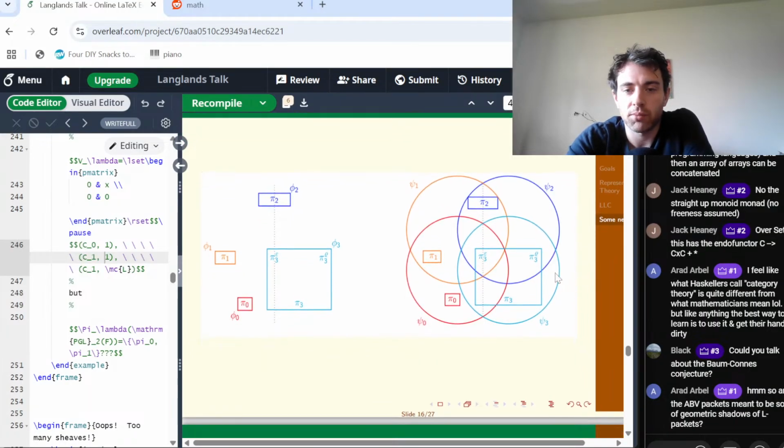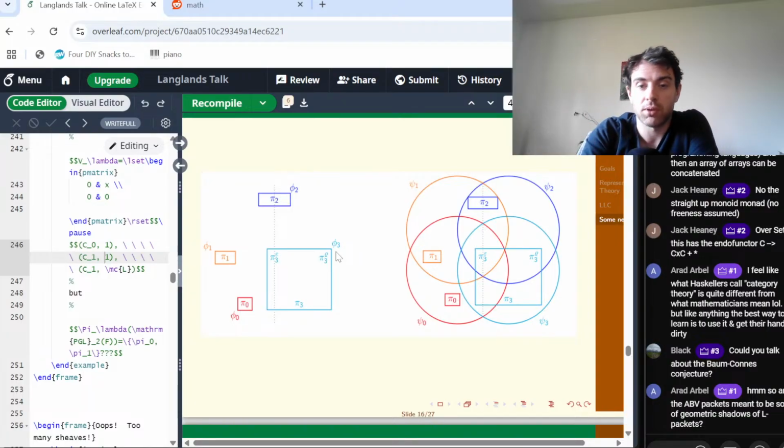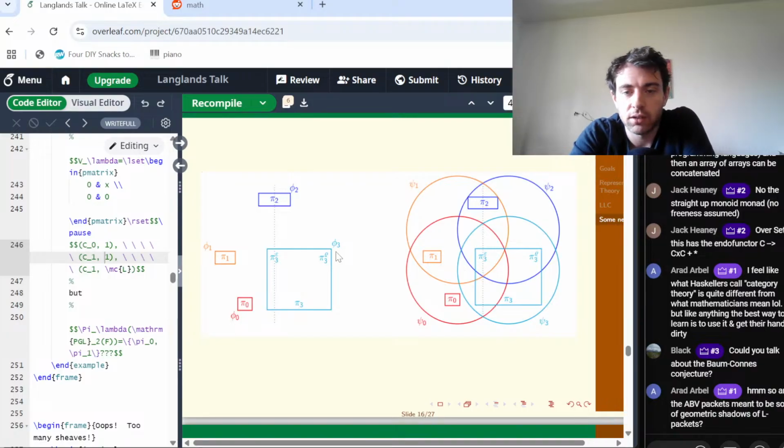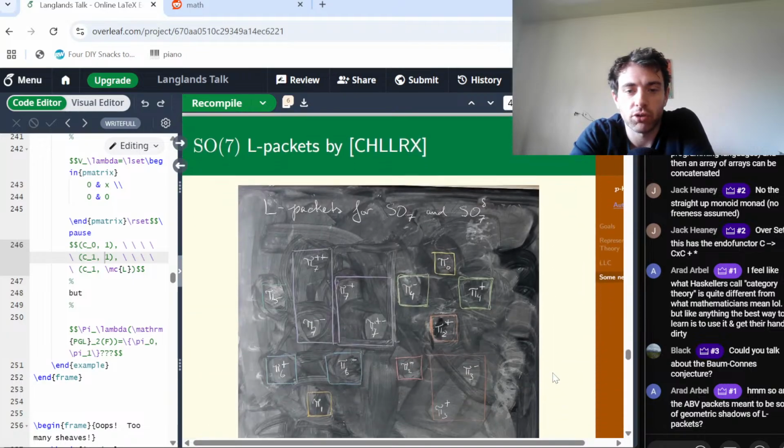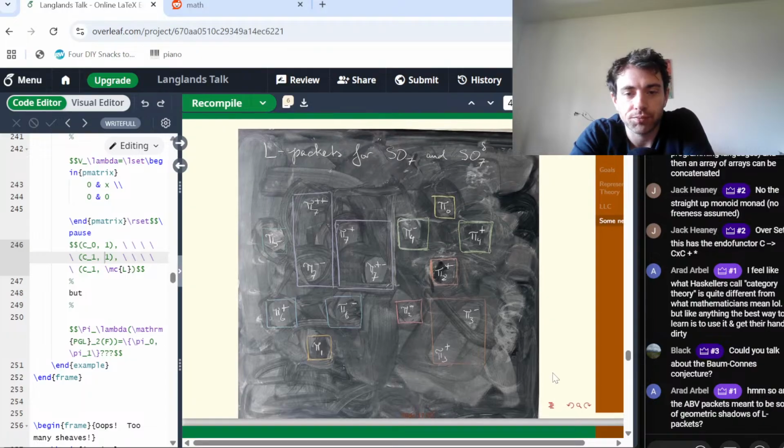The Arthur packets themselves are, in this case, psi 3 is just equal to phi 3. So in that case, that L packet is just straight up an ABV packet / Arthur packet. But in general, the Arthur packets will be a weirder hodgepodge of L packets. Here's another example for a particular choice of family of Langlands parameters for SO7.